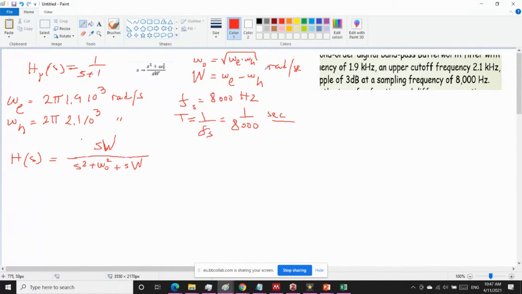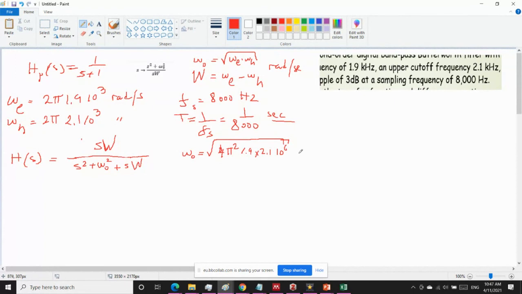But what is omega naught first of all? It is going to be the square root of this times this. So 2 times 2 means 4 pi squared, times 1.9 times 2.1, all times 10 to the power of 6.